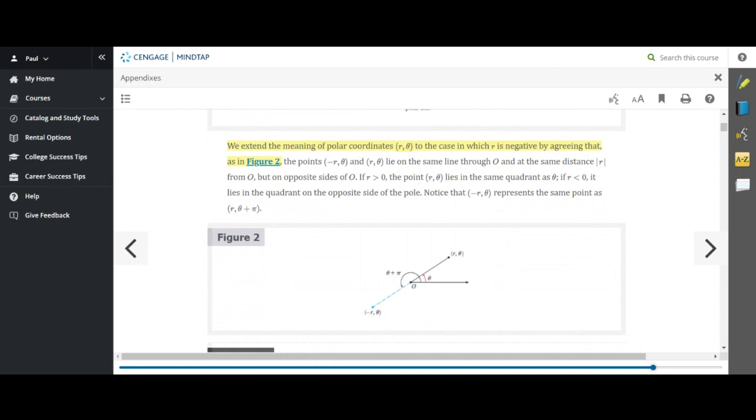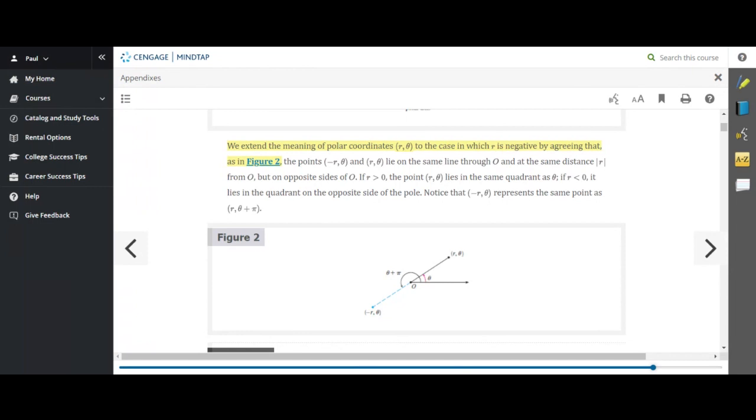Okay, and by agreeing that the points (-r, theta) and (r, theta) lie on the same line through the origin at the same distance, absolute value of r. So you see, and again, I think the pictures are extremely helpful. You have an angle theta there, and then you move out a positive radius.